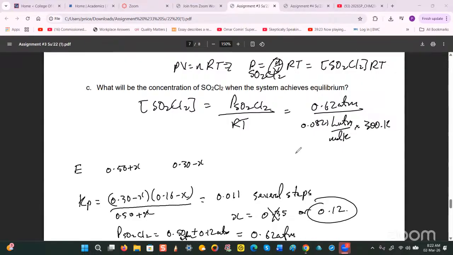All right, and then we work that out. I did that myself, and I got 0.025 M, right? Atmospheres will cancel out, the Kelvin will cancel out, so you're going to end up with mole per liter, which is the same thing as M. And that's how that is done.